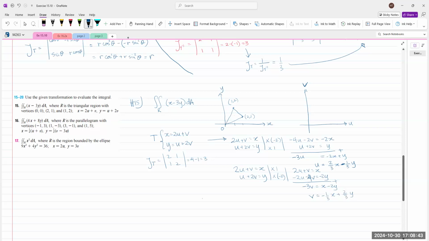This way, my T inverse: u equals 2/3 x minus 1/3 y, and phi equals negative 1/3 x plus 2/3 y. So when the coordinate is (0, 0), the u phi is (0, 0).